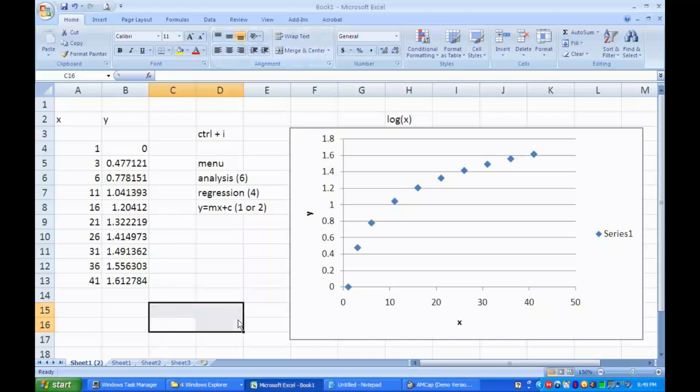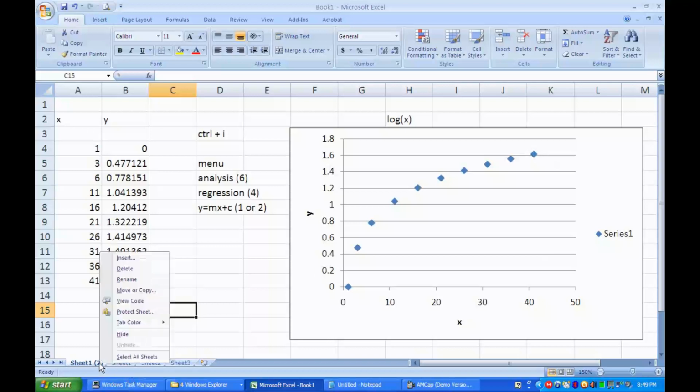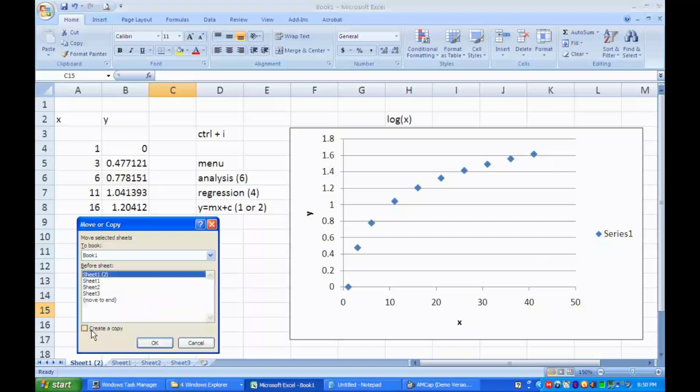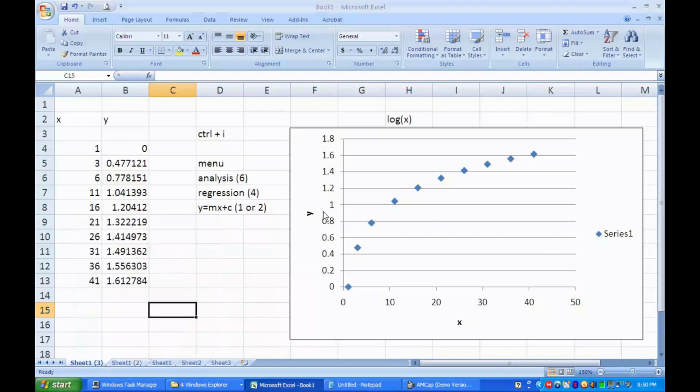So that's a little bit about logs. If that went over your head, don't worry too much about it, your computer will do most of the work. The important thing about the curve that a log plot makes is it flattens out. It gets more steady.